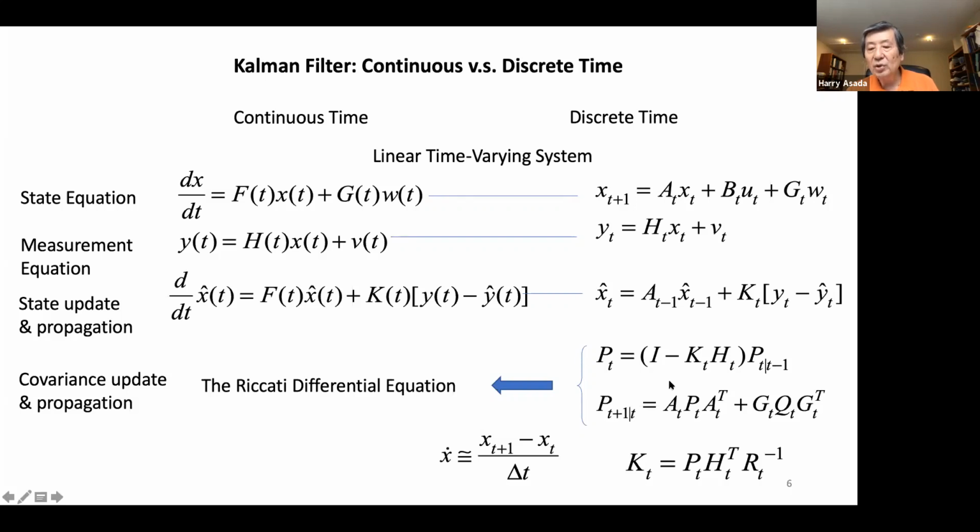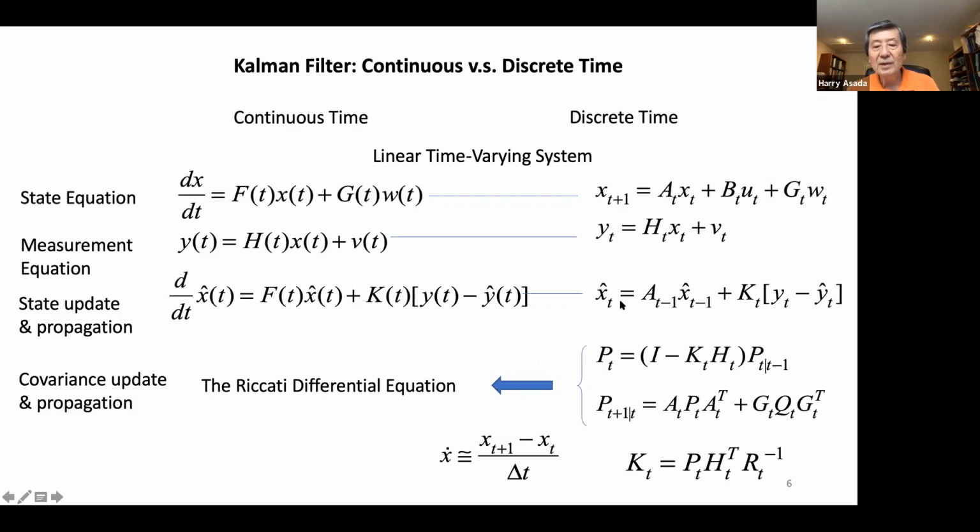Now we had the two different formulas here and here, but as you reduce the sampling time interval delta t smaller and smaller, these two expressions collapse and combine into a single equation, and that becomes a differential equation named the Riccati differential equation.